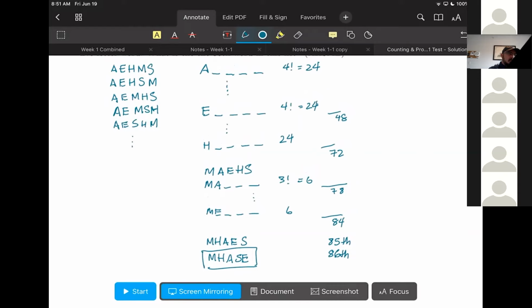Any other questions on this problem or any other problem that you all wanted to go over?